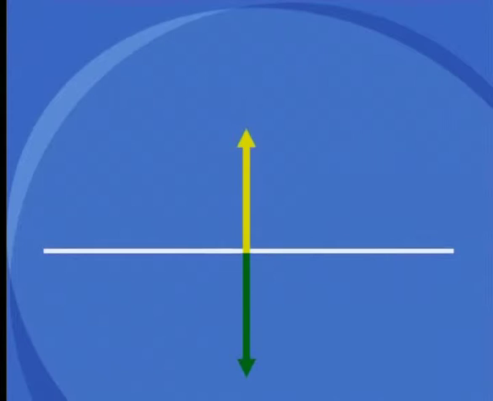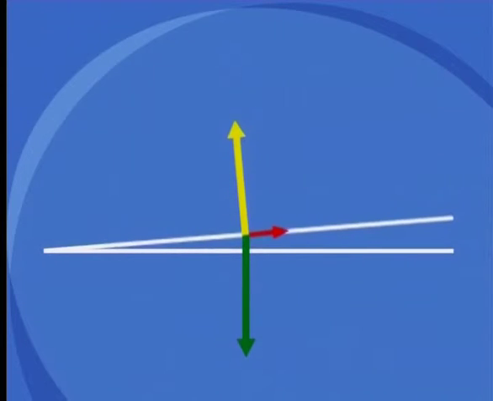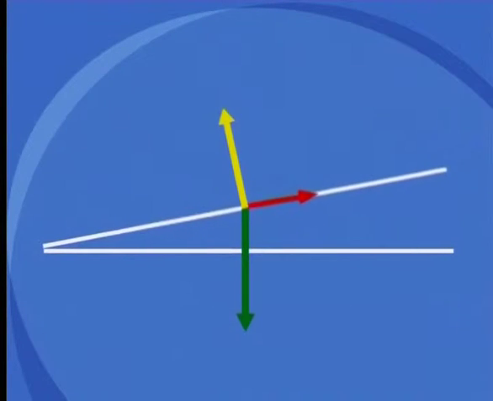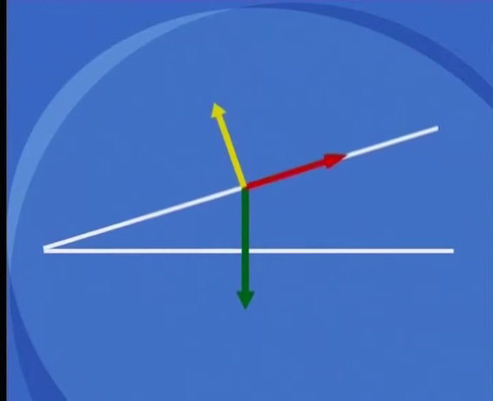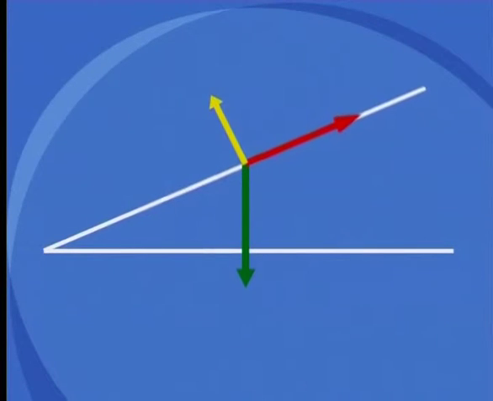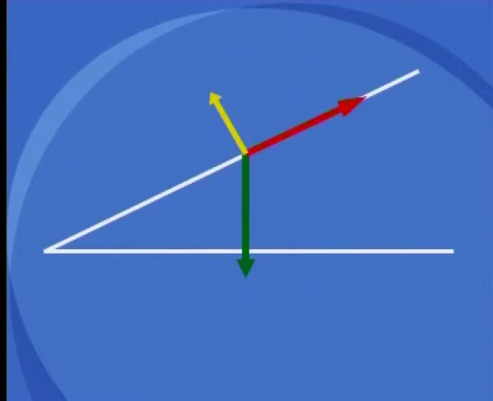Now we want to see how changing the angle of inclination affects the size of the normal and the frictional force for a body at rest on an inclined plane. From an angle of inclination of 0, we lift the inclined plane at a steady rate. And as the angle of inclination increases in size, so the normal and frictional forces change in magnitude.